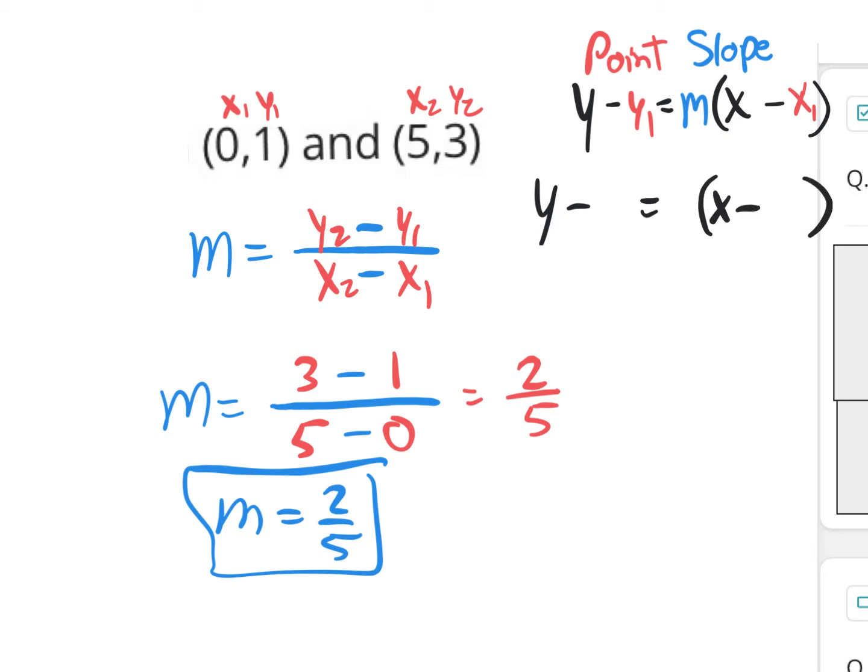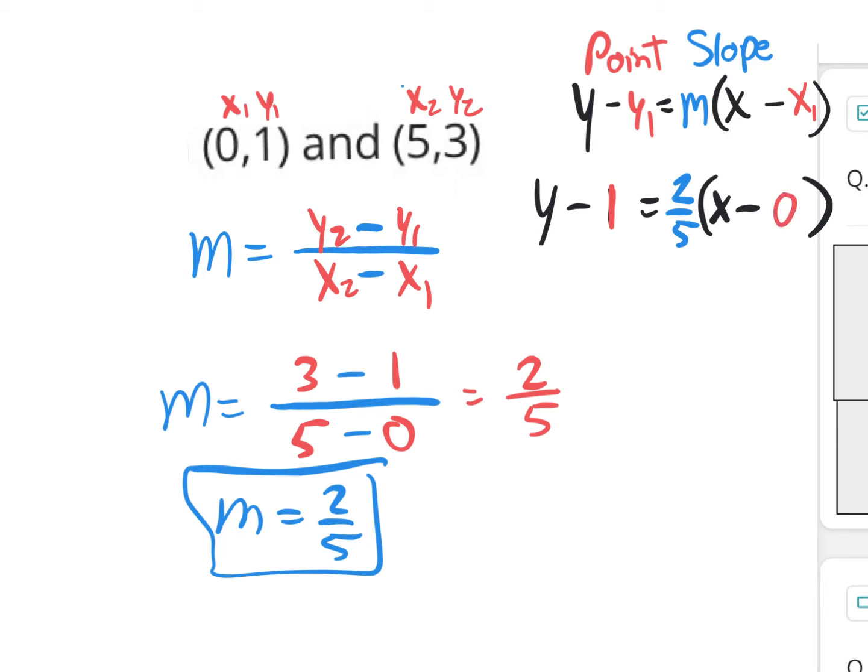And then plug in your y1 value, which happens to be 1 right there. So you put a 1 right there in red. And then the m value happens to be 2/5. That's what we just solved using the slope formula. So 2/5 right there. And last but not least, the x1 value is 0. So you plug in a 0 right there.